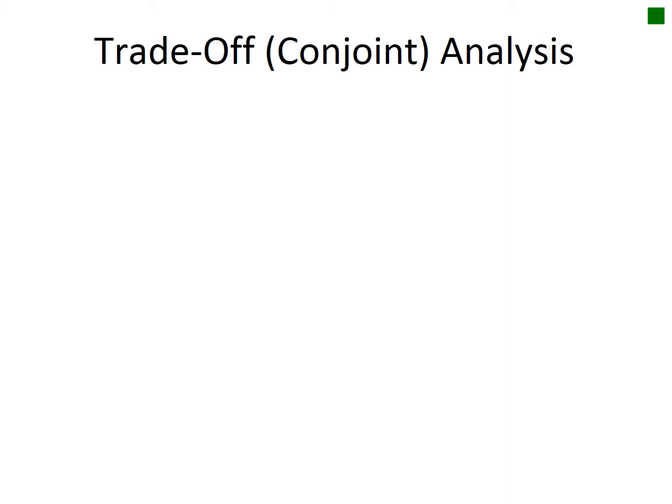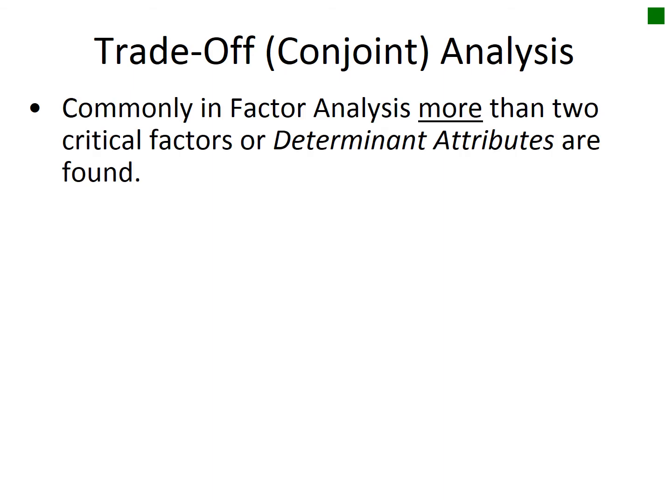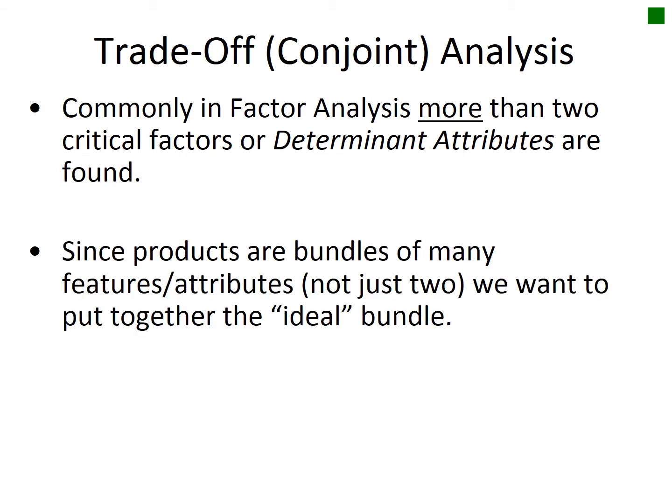The topic for today's segment is trade-off analysis, and in particular, we're going to focus on a type of trade-off analysis called conjoint analysis. Typically, when we look at different features of a product, we think of them as determinant attributes. When we do perceptual maps and factor analysis, we are often comparing different determinant attributes to figure out which ones are the most important and how we perform on those determinant attributes that customers feel are important to them.